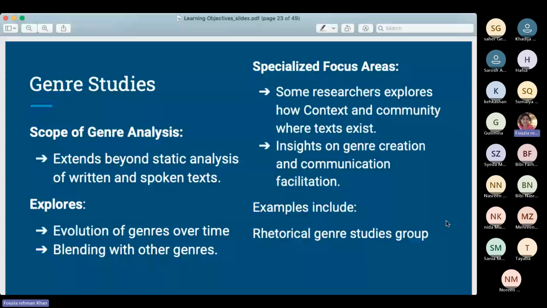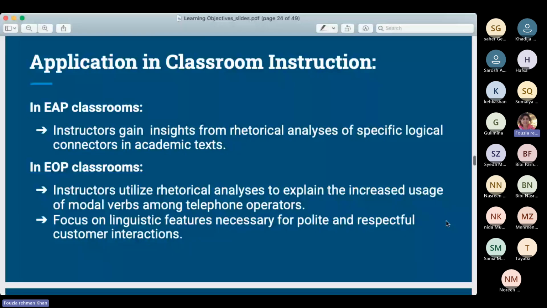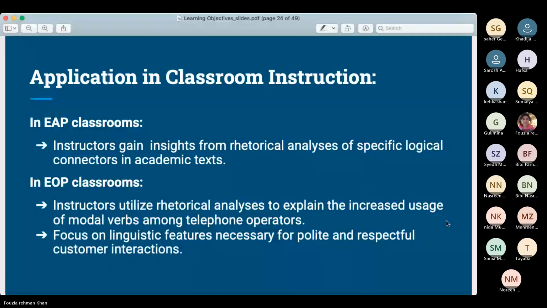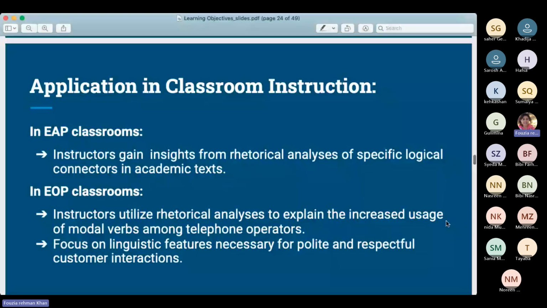Okay. Now, how is it applied in classroom instructions? In English for academic purposes classrooms, this analysis gives the instructor insight from rhetorical analysis of specific logical connectors. We have done this in rhetorical analysis.